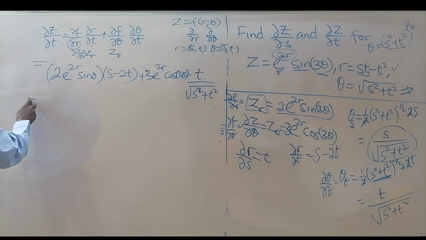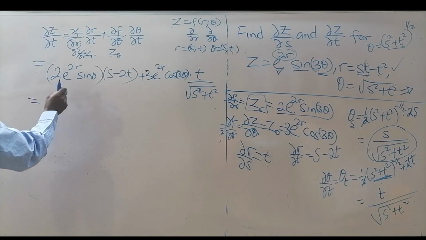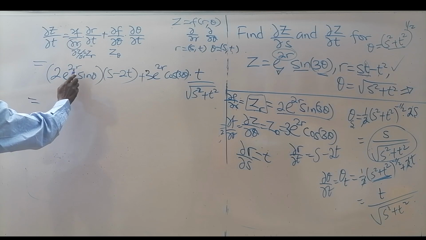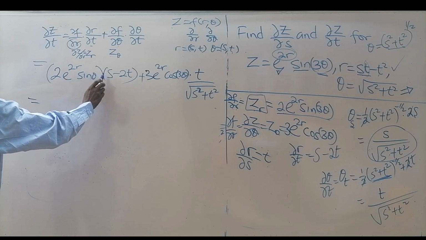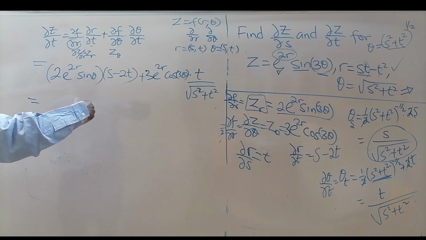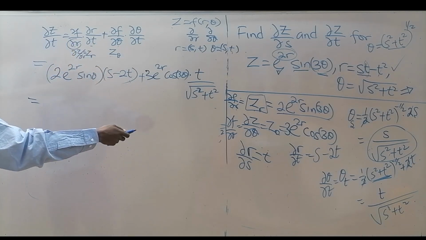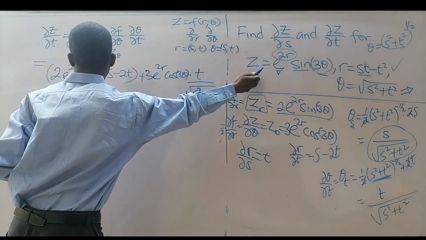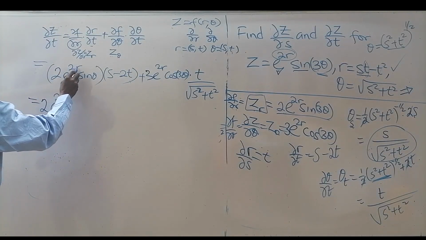So then the next thing to do now is, if we check this variable, we have our answer is a function of r, theta, and t. So what we can do, we can make it a function of two variables. So just go back to your question, and this will be equal to r is what?